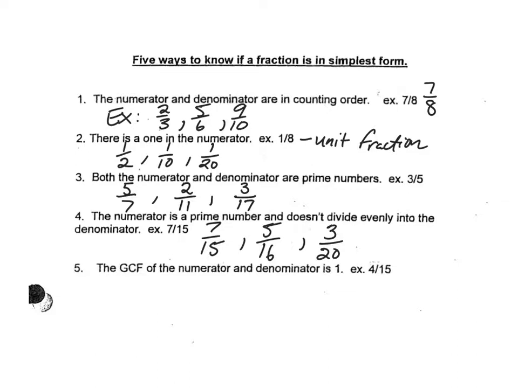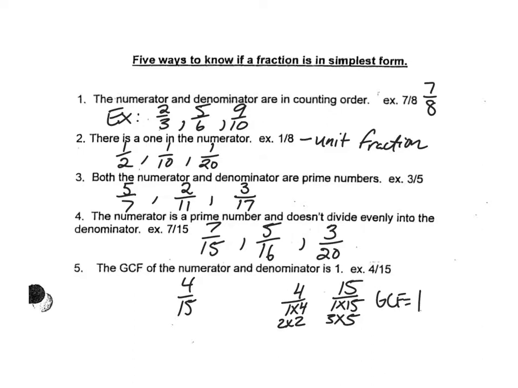Let's say you take 4/15 and you do some factoring off to the side, and you find that your GCF is going to equal 1.